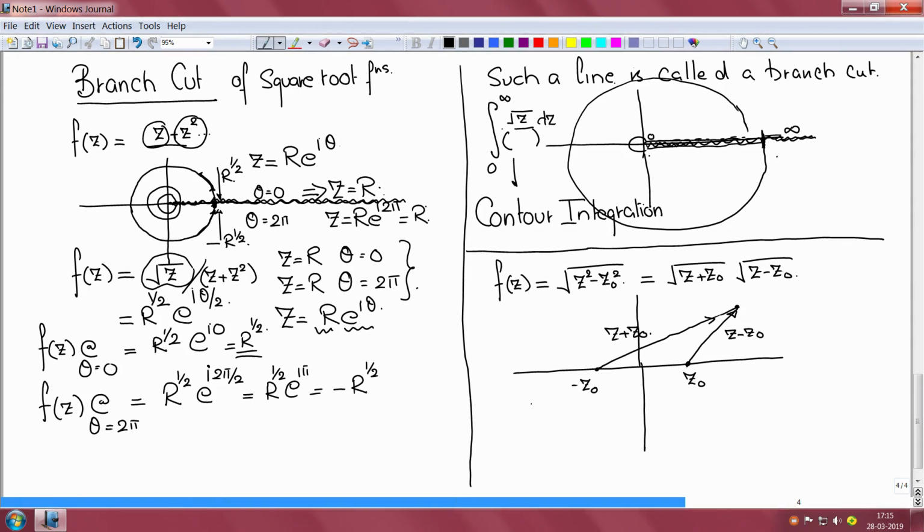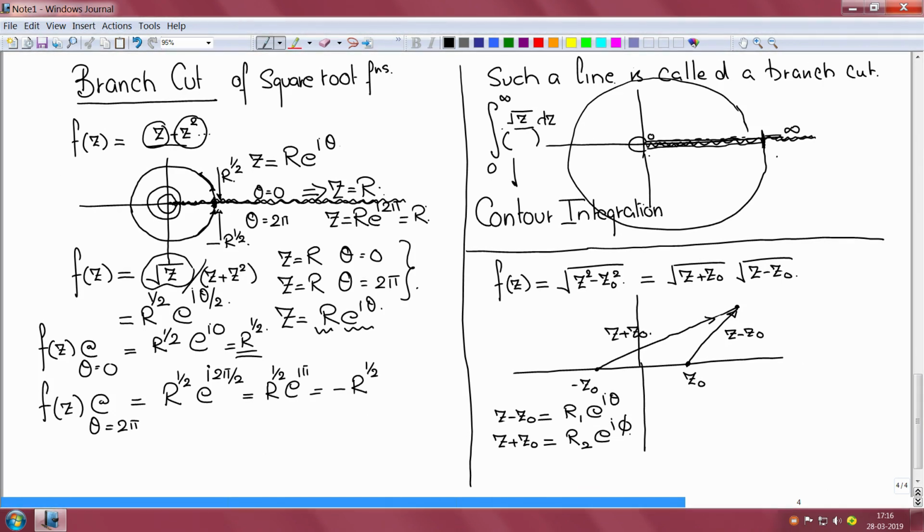Let me define z minus z0 as some amplitude r1 e to the power of i theta, and then z plus z0 as some other r2 e to the power i phi.